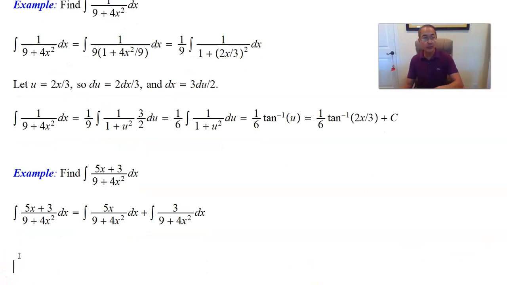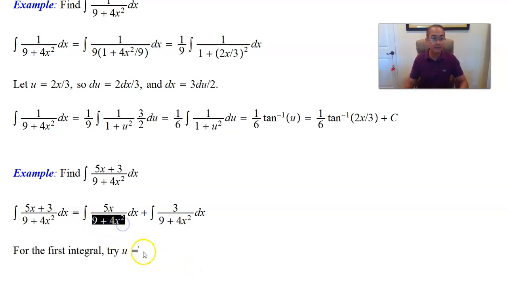So, for the first integral, let's check out the denominator. 9 plus 4x squared, make that our entire u. So let's copy this down. So our du is 9 goes away, 8x dx.